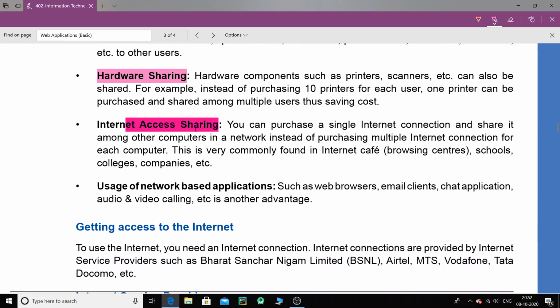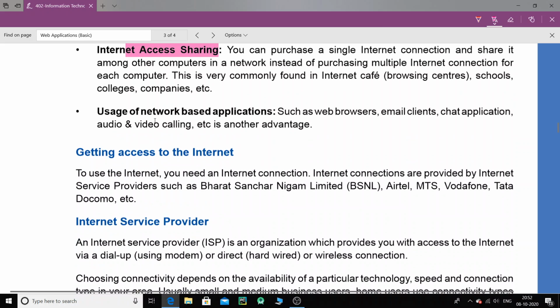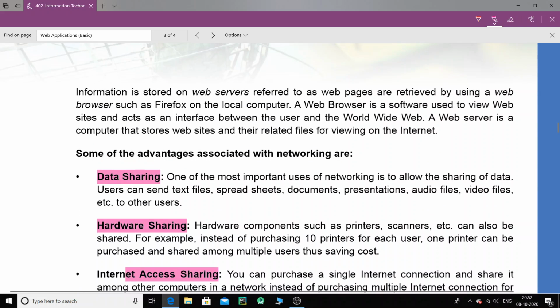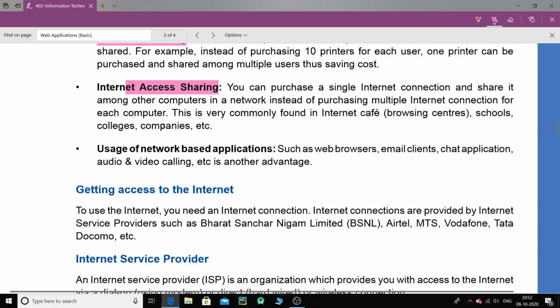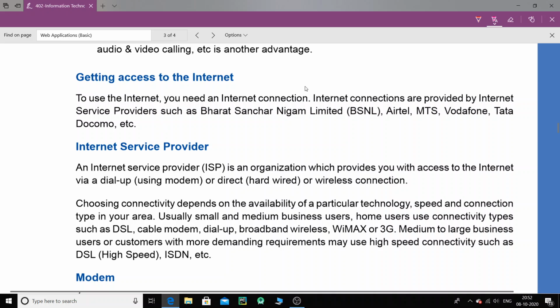Which means we can give internet access to n number of devices, including desktops, laptops, your mobile devices, which normally we do with the help of Wi-Fi, isn't it? So usage of network based applications such as web browser, email client, chat applications, these are all the advantages of networking. Getting access to the internet, yes, we can get access to the internet.